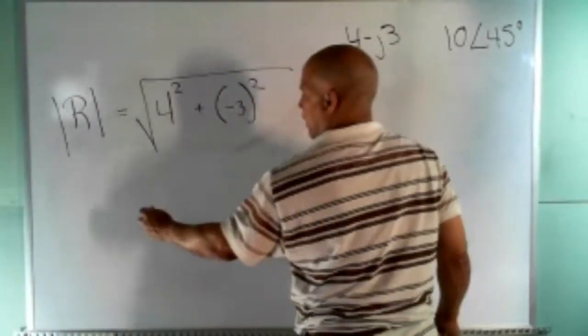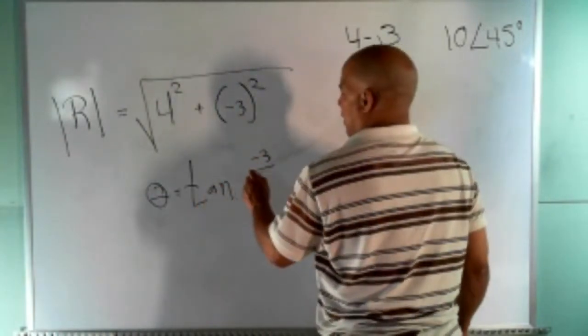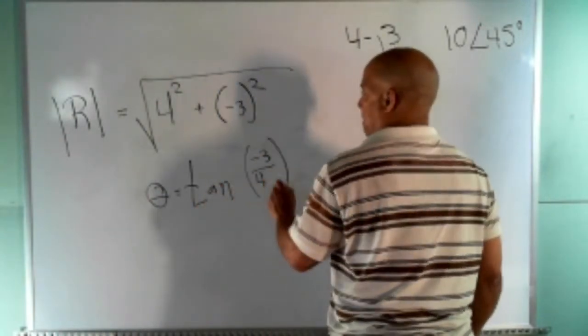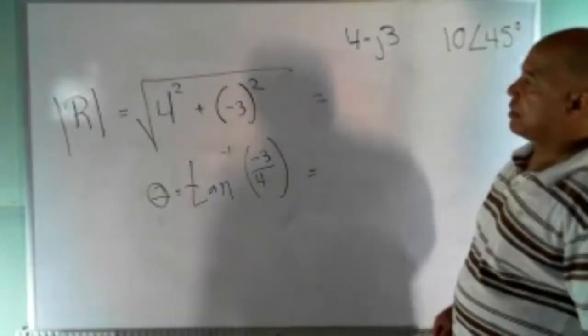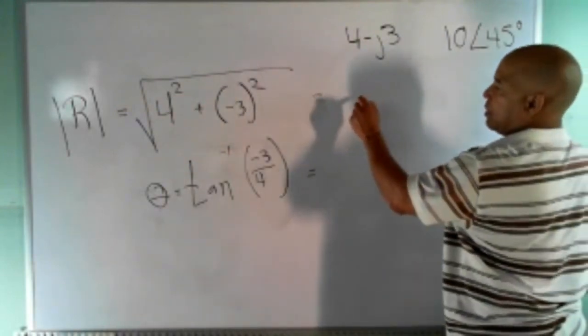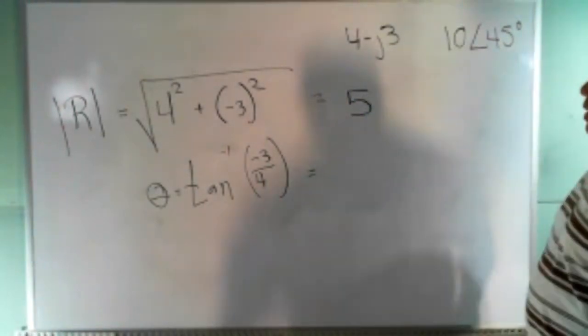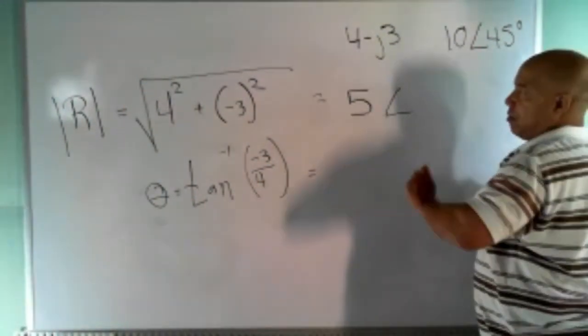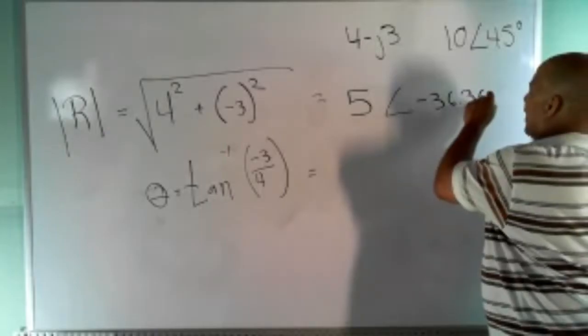And then for the angle, I get the inverse tangent of minus 3 over 4. 16 and 9, that's going to be 5, right? Yeah, that's 5. Angle, what's that angle? Minus 36.86.